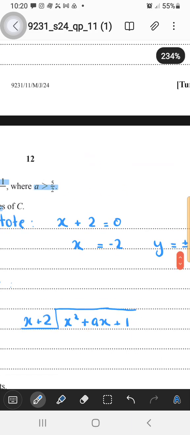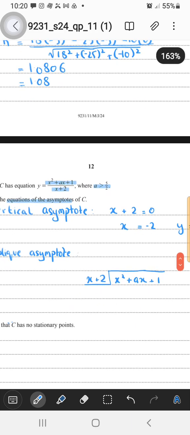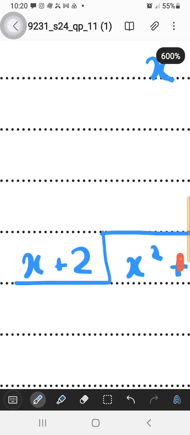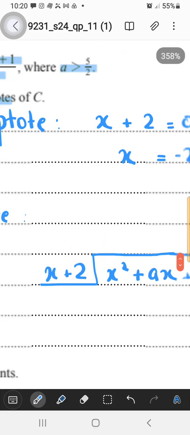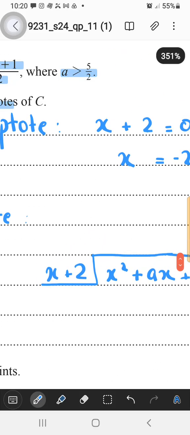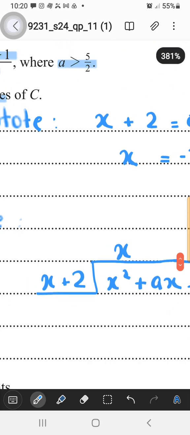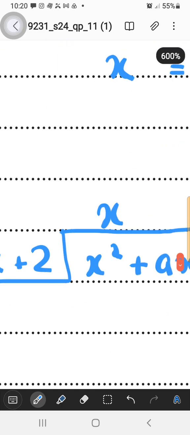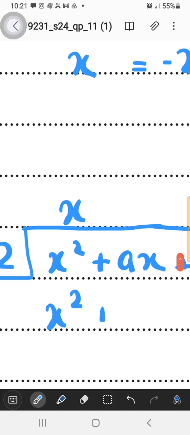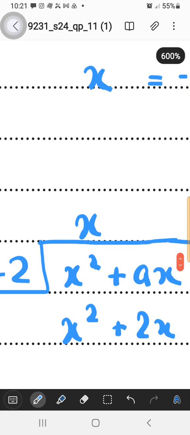Now we have to form x square, and what will we multiply with this to make x square? We will multiply by x. If we multiply x with x, it becomes x square, and then 2 multiplied with x becomes 2x. Now we will flip signs, and when we flip the sign, it gets cancelled here.